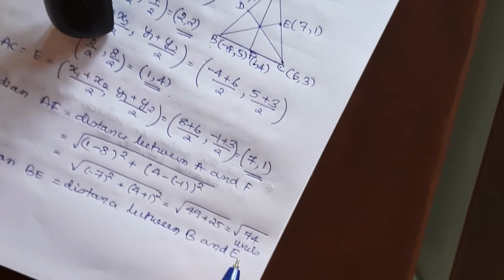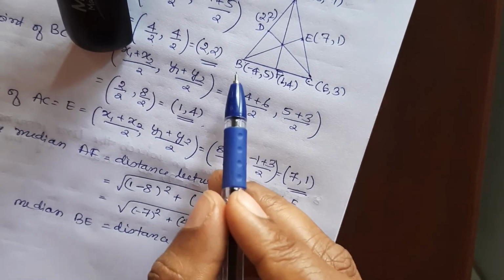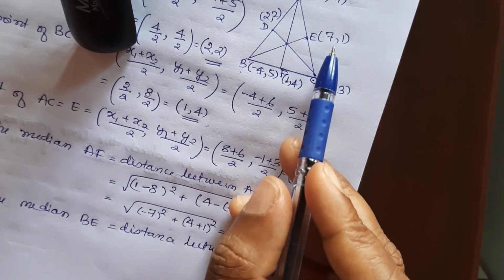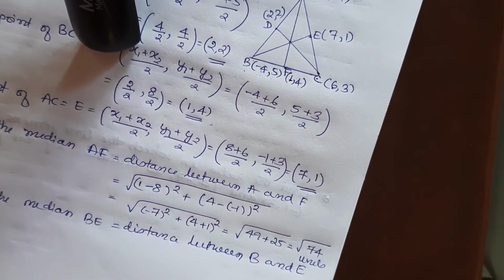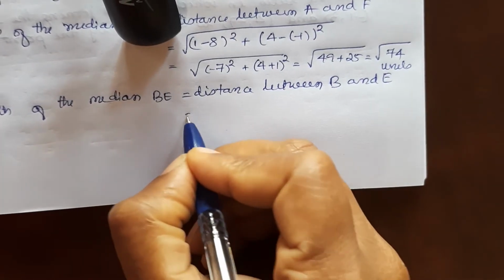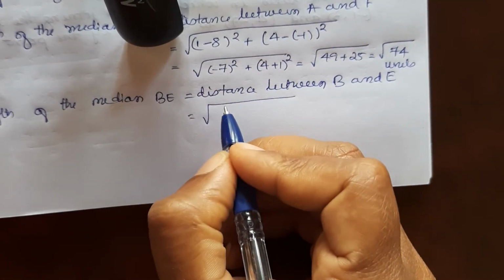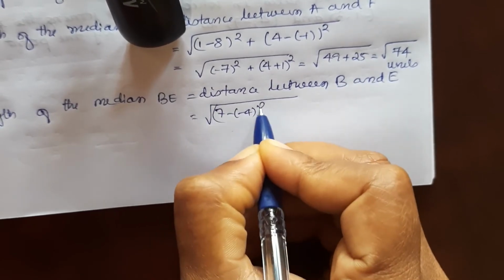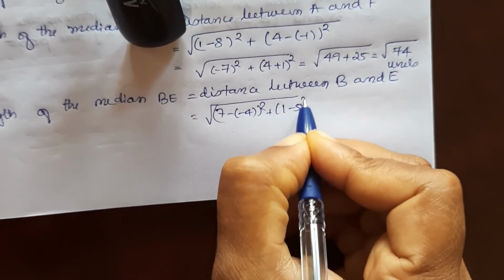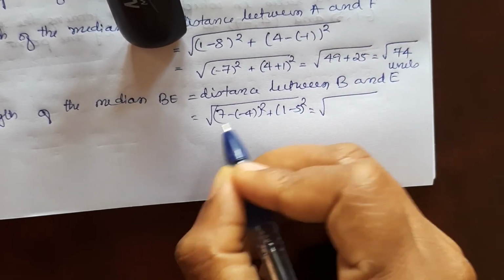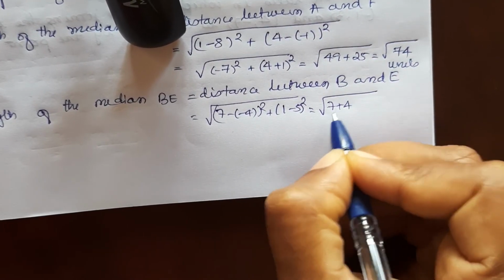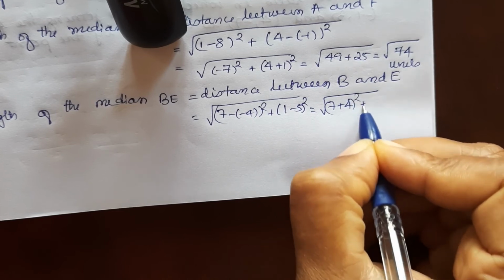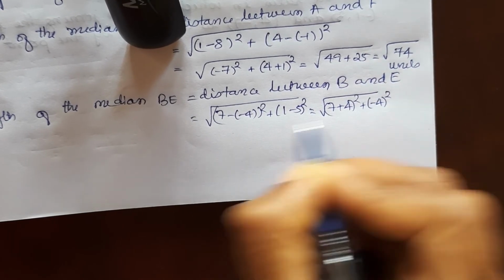So to find the distance between B and E, what shall we do? We'll see the triangle. B and E, the points are (minus 4, 5) and (7, 1). So the distance is equal to the square root of (7 minus of minus 4) whole square plus (1 minus 5) whole square. So this is equal to (7 plus 4) whole square plus (1 minus 5, that is minus 4) whole square.